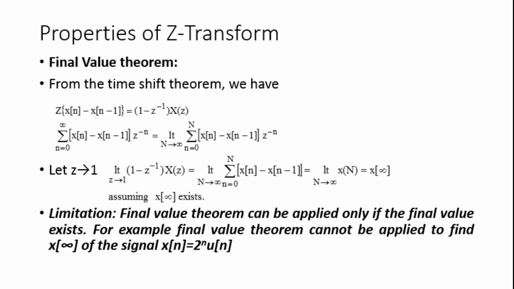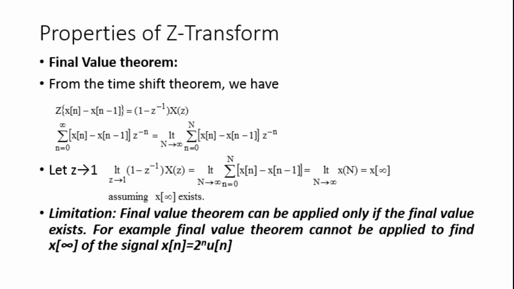Let z is equal to 1. Then limit z tends to 1, 1 minus z inverse into x of z is equal to limit n tends to infinity summation n is equal to 0 to n x of n minus x of n minus 1, which is equal to limit n tends to infinity x of n is equal to x of infinity, assuming x of infinity exists.